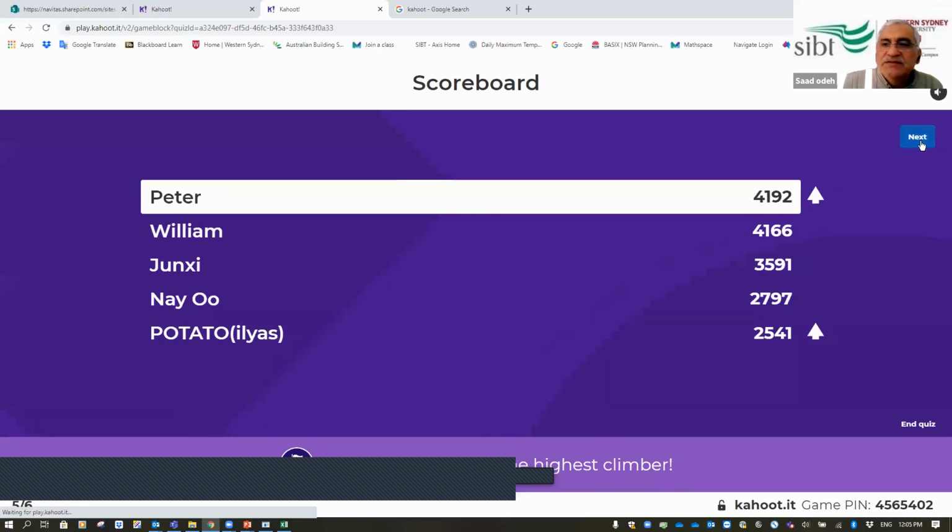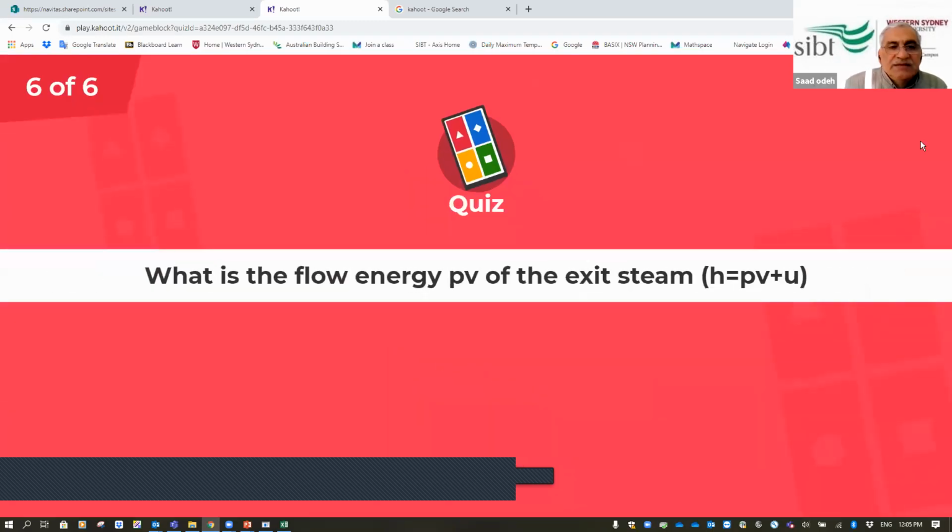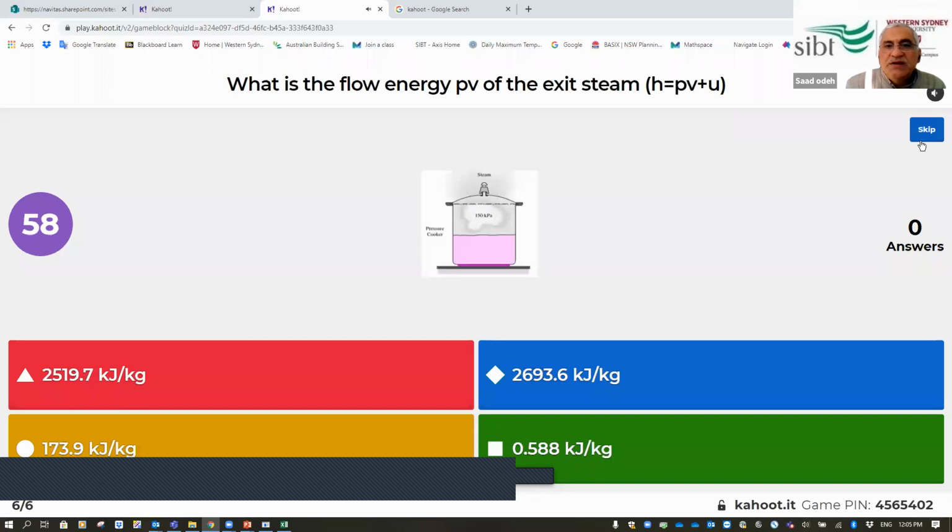Right, so the last question. What's the flow energy PV of the exit steam? So we need to find out PV. And remember, if you know the enthalpy, you can find PV.